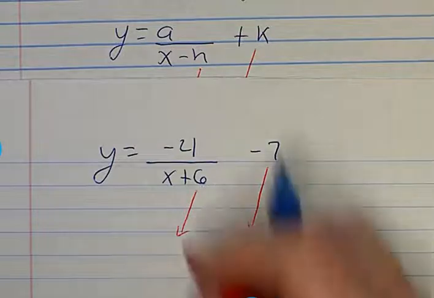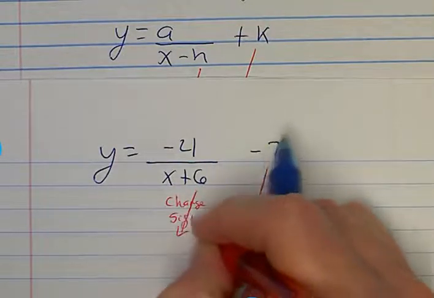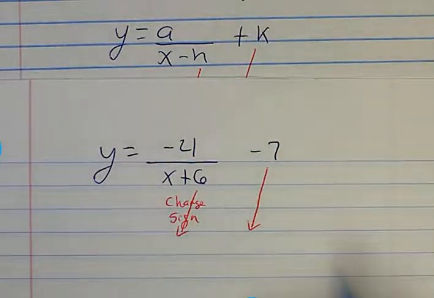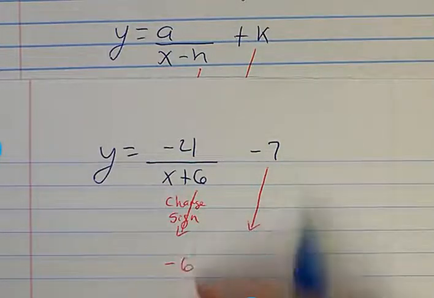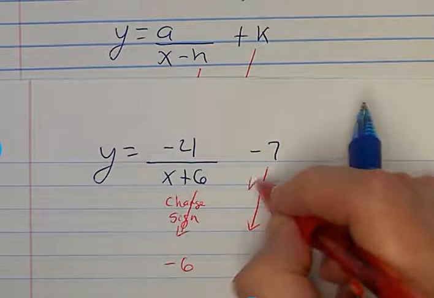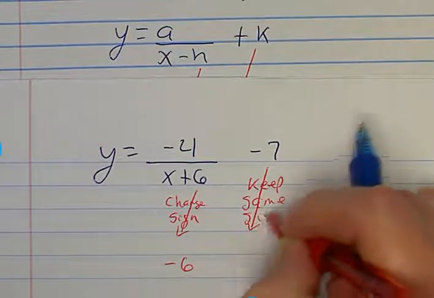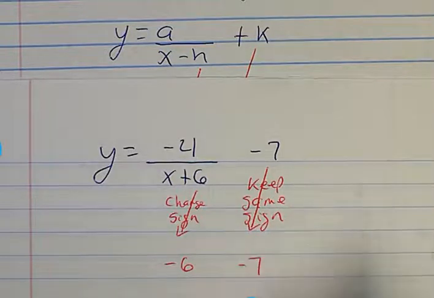Whatever number you pull out of x, this is where you have to change the sign. So we've got a positive 6, change it to a negative 6. This one, you keep the sign the same. So that one is negative 7.